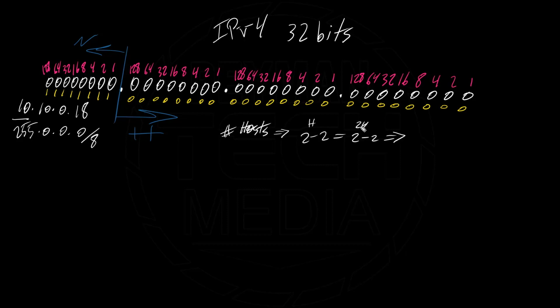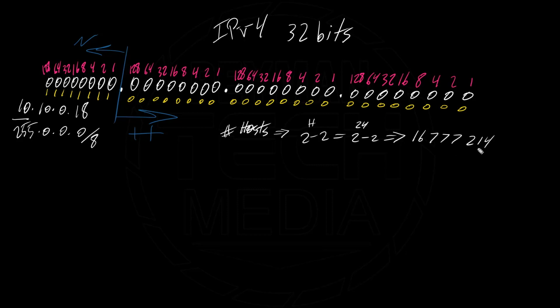So 2 to the power of 24 minus 2 is 16,777,214 IP addresses. Therefore, in every class A network, we can have up to 16,777,214 available IP addresses.